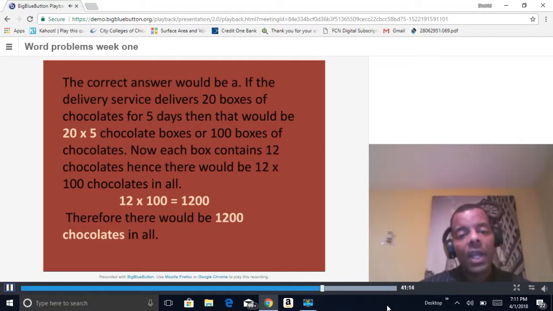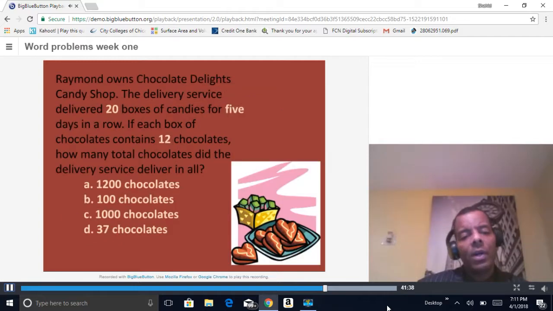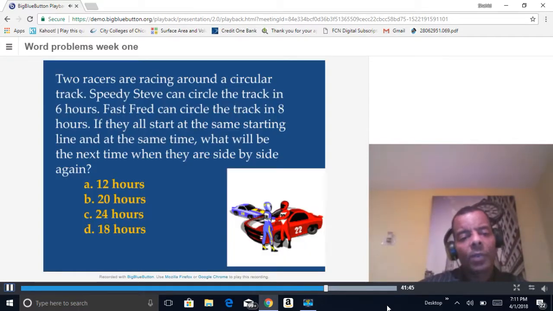Now, if every box contains 12 chocolates, then there's 12 times 100 chocolates in all, because there's 100 boxes, 12 chocolates in each box. And all you would do, the quick way, would be to multiply 12 times 100. So the correct answer was 1,200 chocolates in all. Okay, next problem.